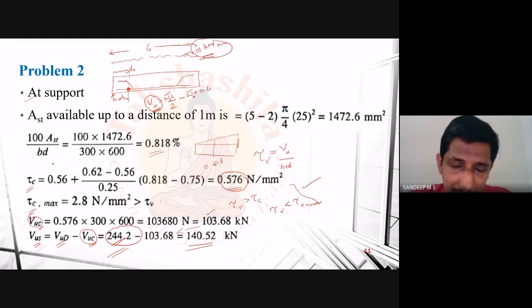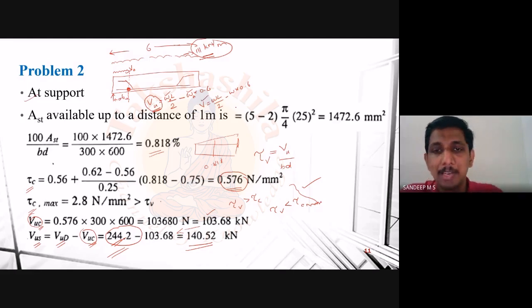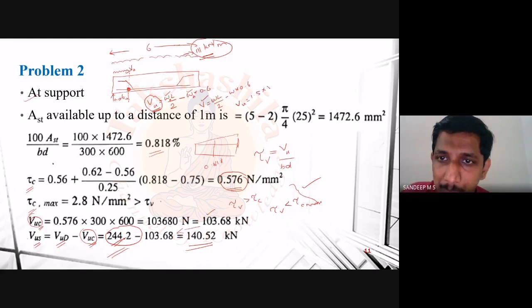You can do it any way. Please understand that either you can factor the load and do the remaining calculation, or you can calculate this as VU itself: unfactored load intensity by 2 minus W into 0.6, and you will get the unfactored shear force. Then what you can do is that you can find the factored shear force by just multiplying the shear force with load factor 1.5.